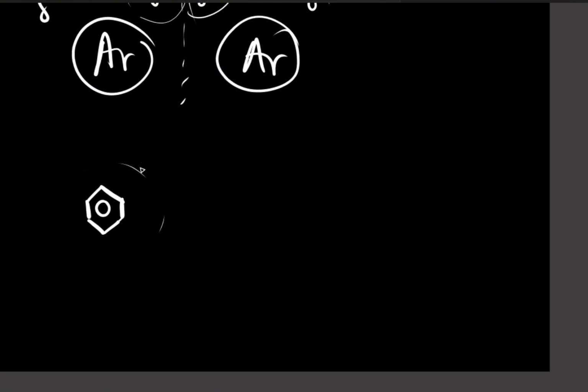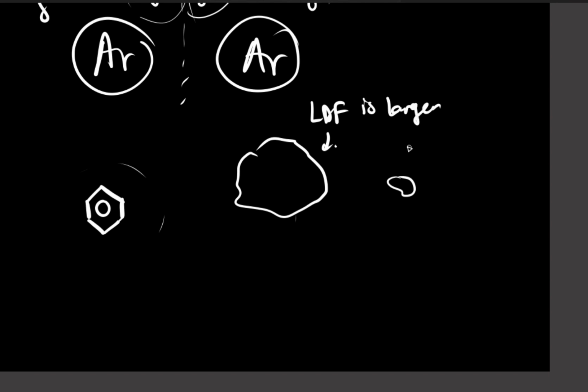However, the strength of the interactions between molecules increases as a function of the surface area. So a really large molecule like this will be more polarizable than a small molecule like this. So the London dispersion force of this is larger than that of this small molecule.